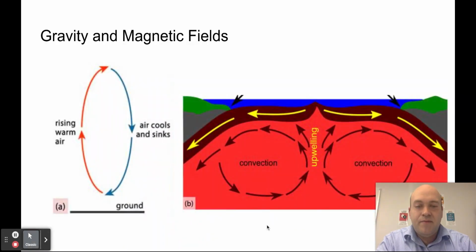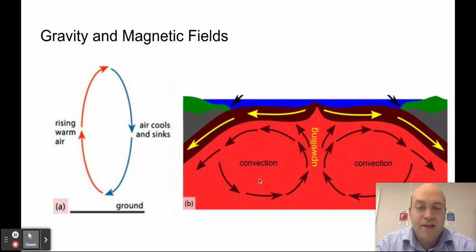Then I talked about convection earlier also. With the center of the Earth being the hottest and then cooling as we go farther away, there are convection loops just like there are in air, with the warm air rising and then sinking back down to the ground and warming back up.